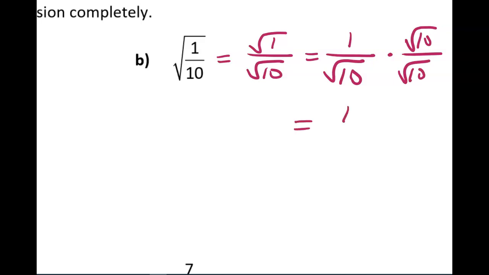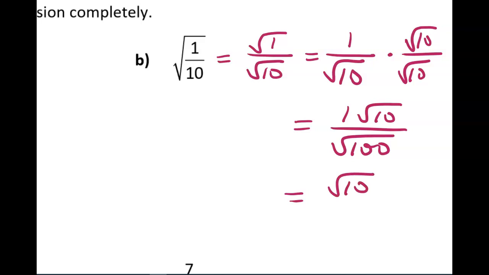And in the numerator, we get 1 times the square root of 10 over the square root of 100. And a comment about the numerator, 1 times the square root of 10 is not fully simplified. When you multiply by 1, you get the same number. And then downstairs, in the denominator, the square root of 100 is the whole number 10. So we get the square root of 10 over 10.